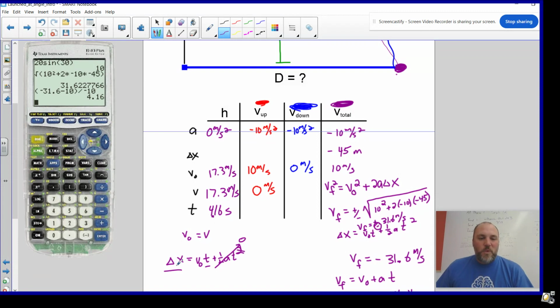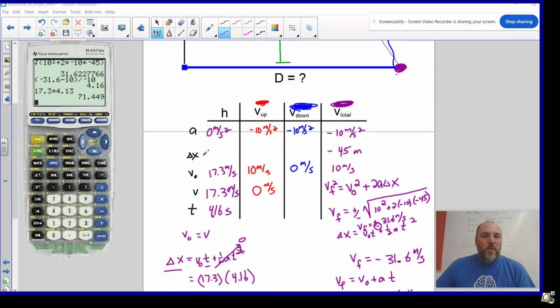So now I can find the range, how far this object traveled, and that is just initial velocity, 17.3, times the total flight time, 4.16 seconds. So this object traveled a total distance of 17.3 times 4.16, or 71.45 meters. So I found the range.